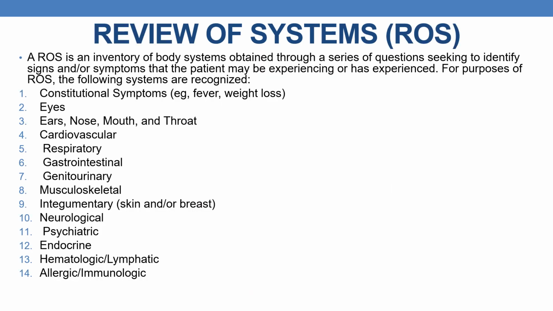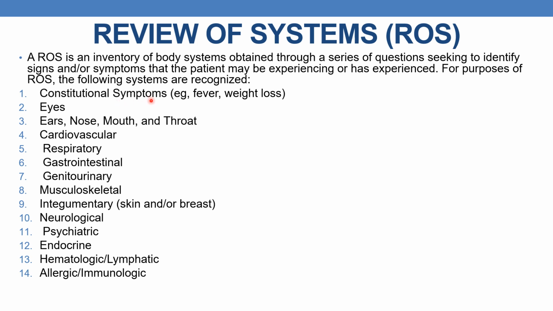Now coming to review of systems. ROS is an inventory of body systems obtained through a series of questions. The physician asks the patient to identify the signs and symptoms that the patient may be experiencing or has experienced. For the purpose of ROS, the following systems are recognized. What are they?